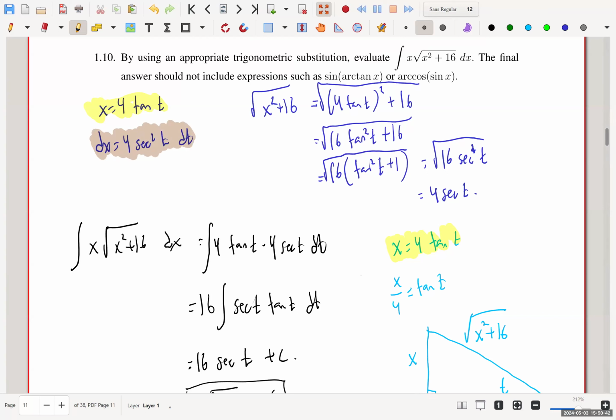Okay, the derivative of tangent is secant squared. And then we just follow the steps there. These are good questions, folks.